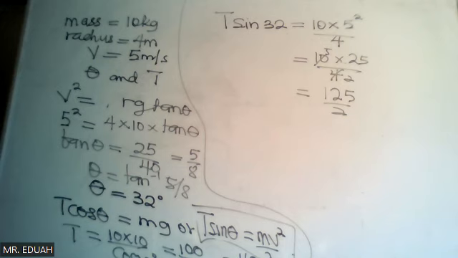Calculate the tension in the string. Take g to be equal to 10 meters per second squared.